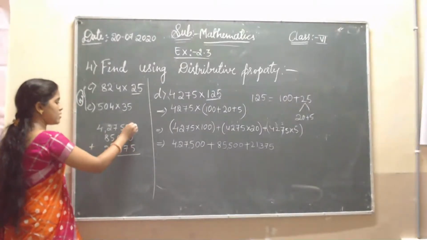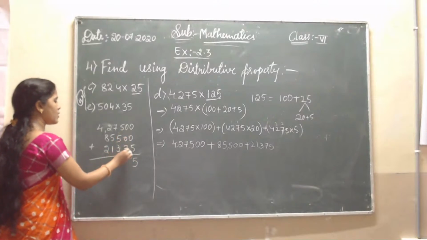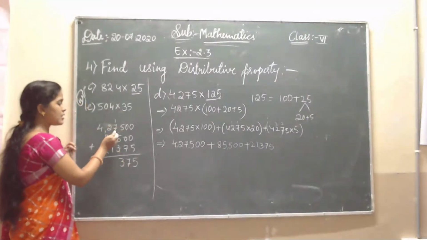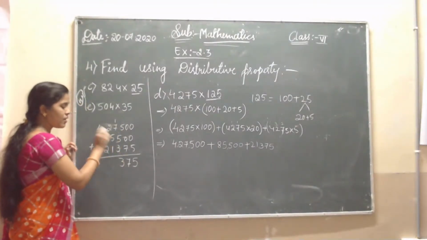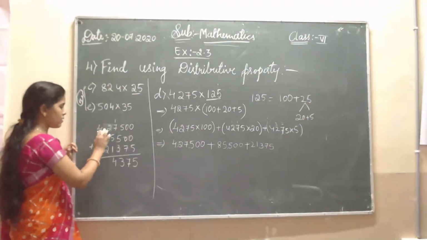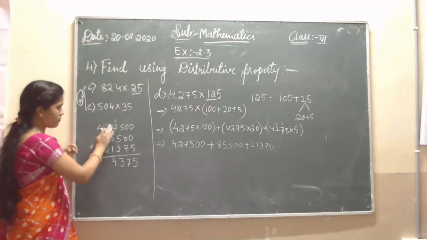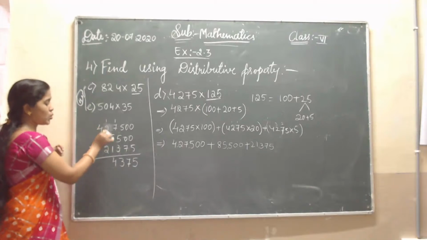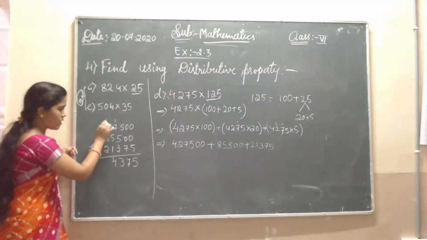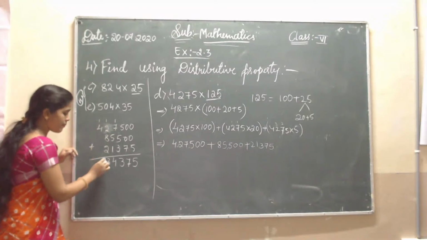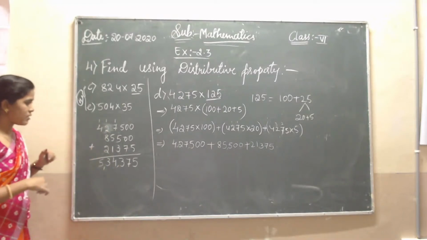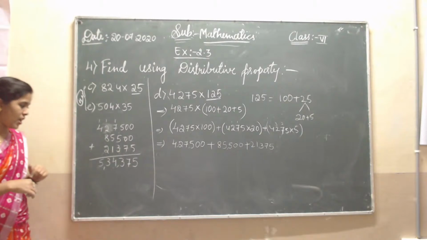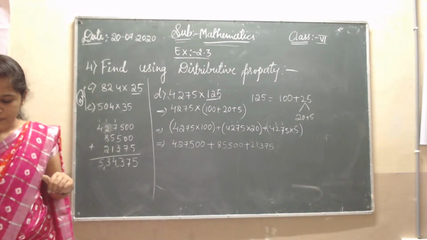Add these numbers. 0 plus 0 plus 5 is 5. 0 plus 0 plus 7 is 7. 5 plus 5 is 10, 10 plus 3 is 13. 7 plus 1 is 8, 8 plus 1 is 9. 9 plus 5 is 14. 8 plus 2 is 10, 10 plus 2 is 12, 13. 4 plus 1 is 5 lakh 34,375. So this is your answer.